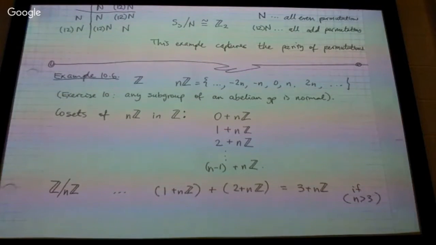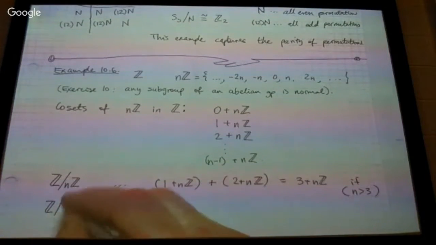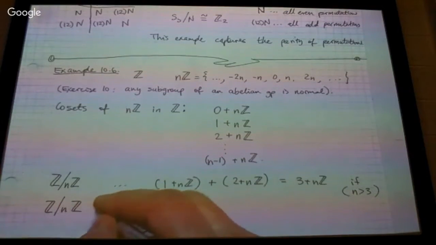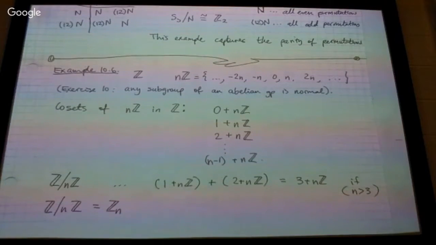So this group is not the same, but it's isomorphic to, I think we called it, Zn. Do you agree? You have no other option than to agree.